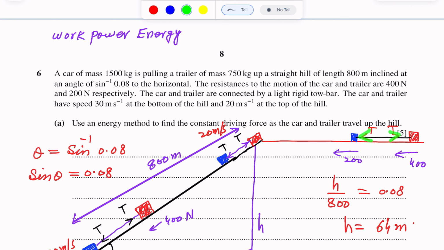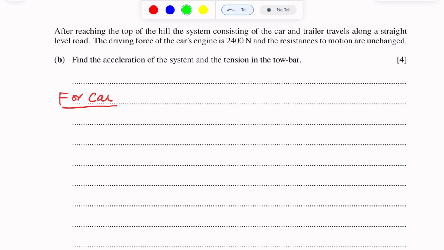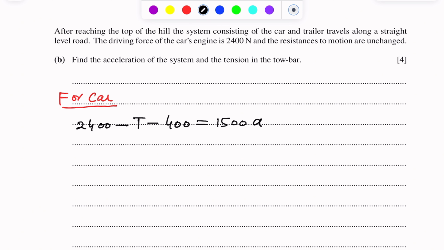Both are tensions in opposite direction. For car, the equation will be 2400 minus tension minus 400, that is resistance force, is equal to MA. In this case we only consider the car's motion, so we take the mass of only the car, 1500A. Let this be equation number 1.